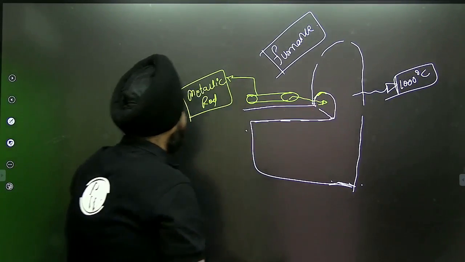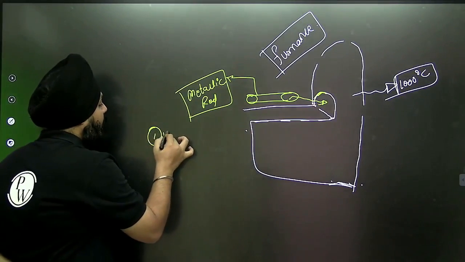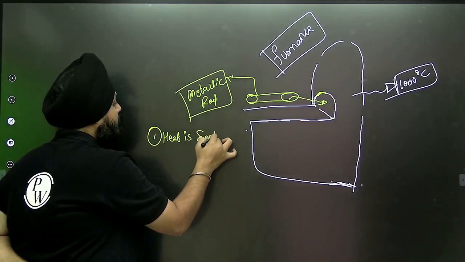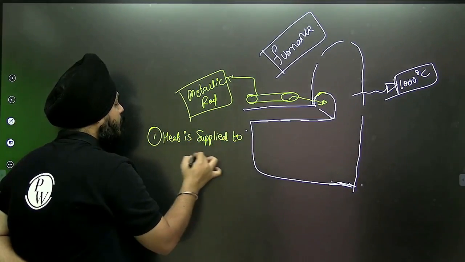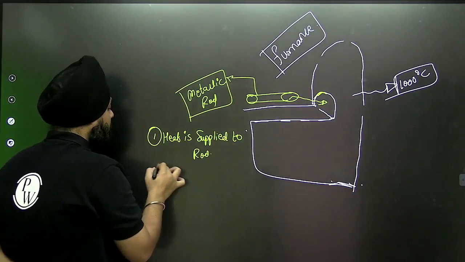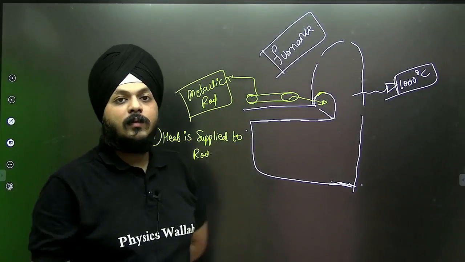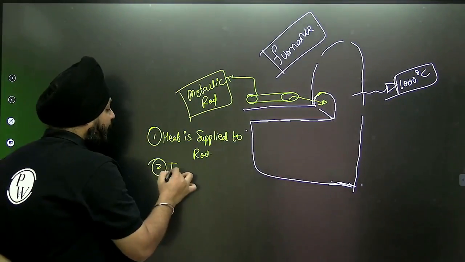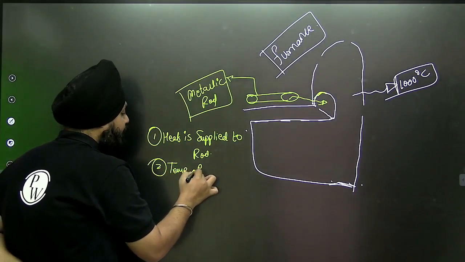Heat from the furnace, first point, heat is supplied to the rod. Because of that heat supply, the temperature of the rod is going to increase.